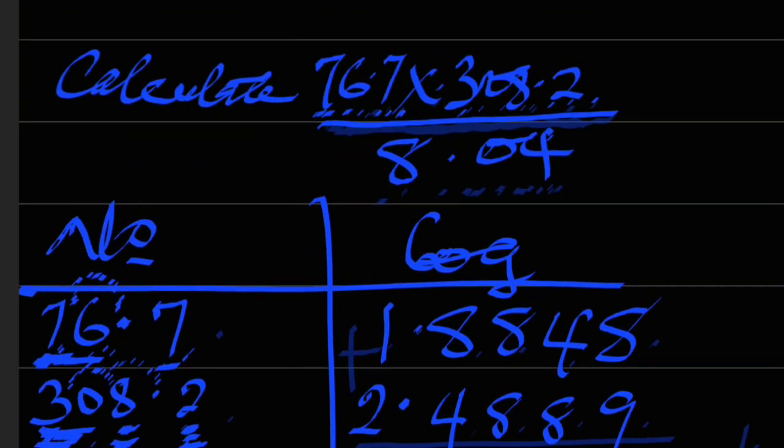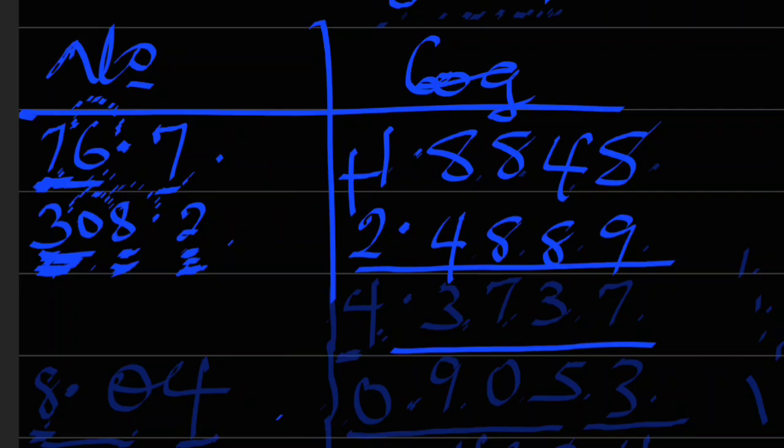Now, because it's multiplication between these two numbers, addition is what we are going to do. Because the law says if you have multiplication, you add. So let's do our addition. 8 plus 9 is 17. Write down 7, carry 1. 4 plus 8, 12 plus 1, 13.